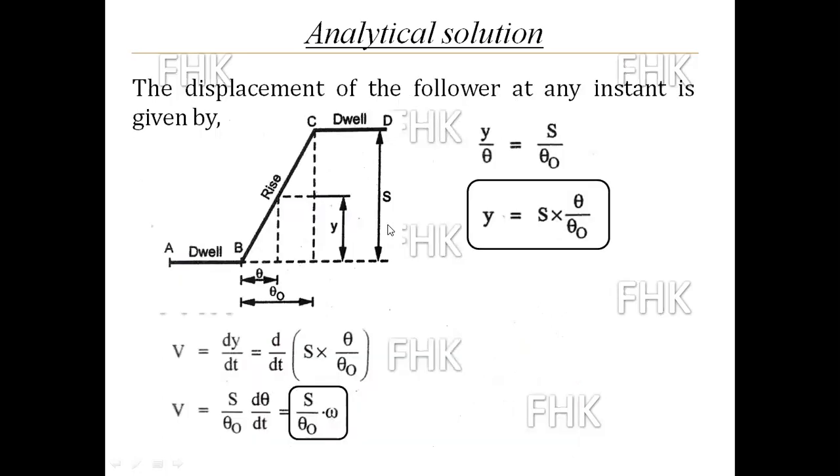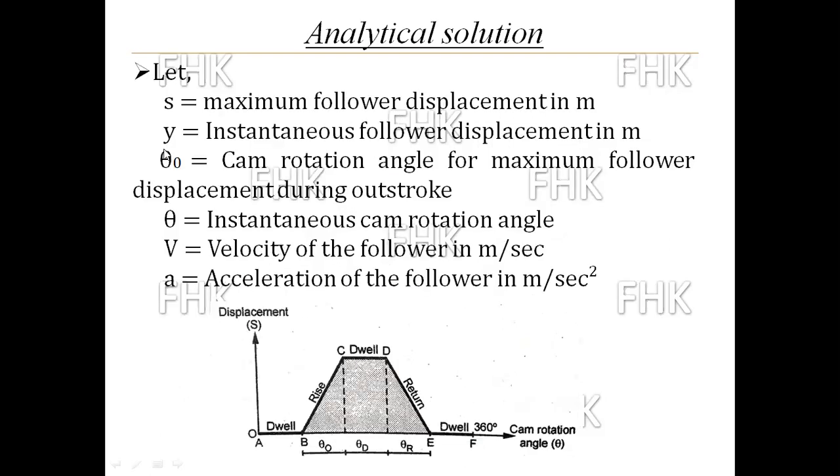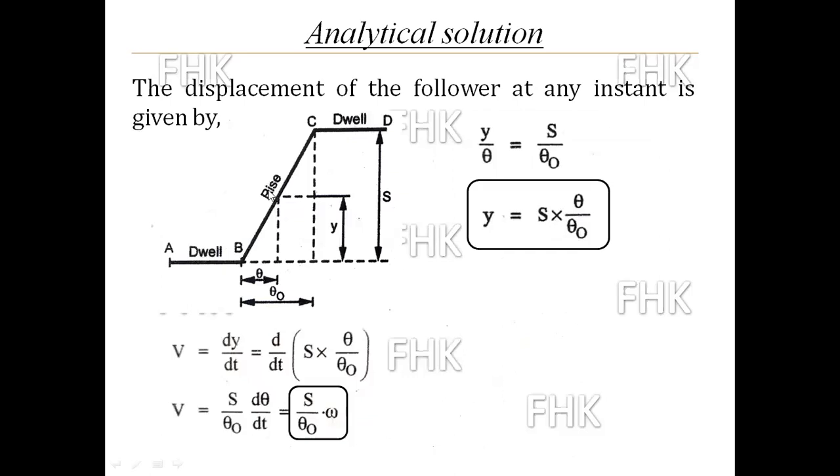Here you can see in this figure, only this rise part is taken for derivation purposes. y is the instantaneous follower displacement in meters at a particular location, while S is the total follower rise. The displacement y is what we have to find at that particular location; next we can say y1, then y2.